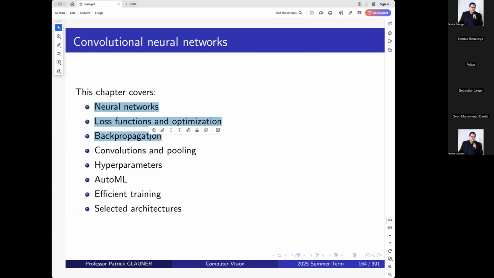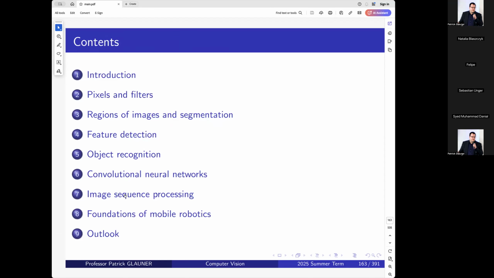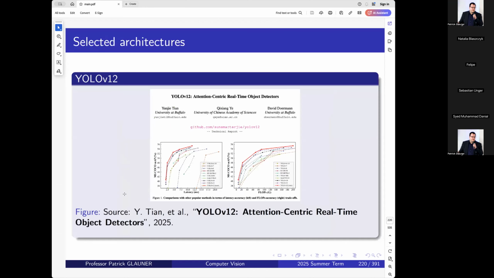So we looked into neural networks, how they work, how they can be optimized. And then we saw how they can be customized to images using convolutions and pooling, or sometimes called subsampling. And we looked specifically then also in hyperparameters, automated machine learning, how to train it more efficiently on GPUs, for example. And we saw best practice architectures such as the ones here before, like YOLO.